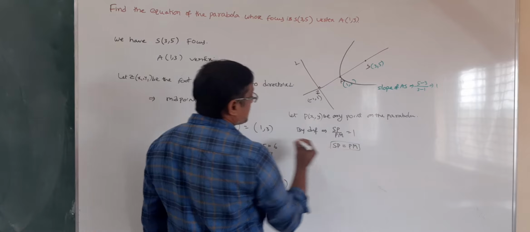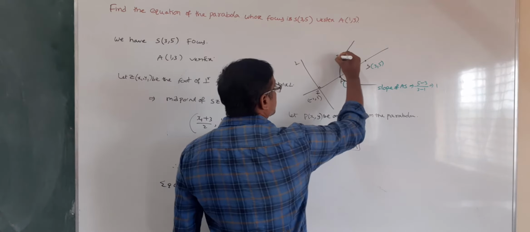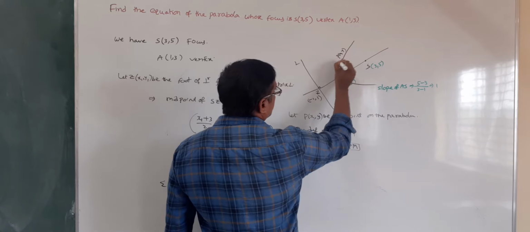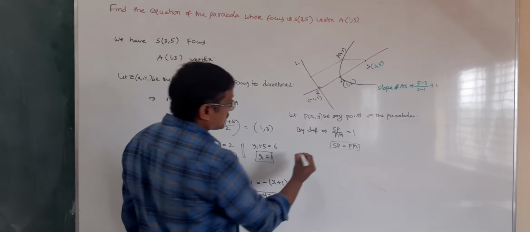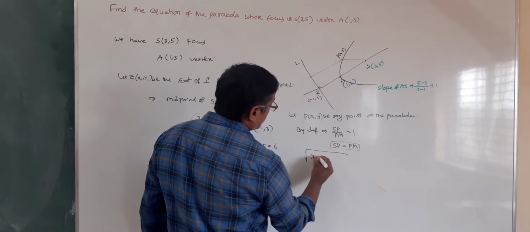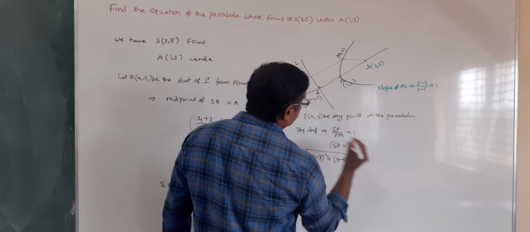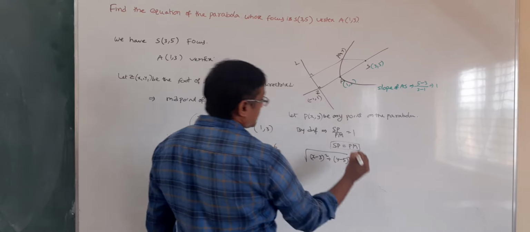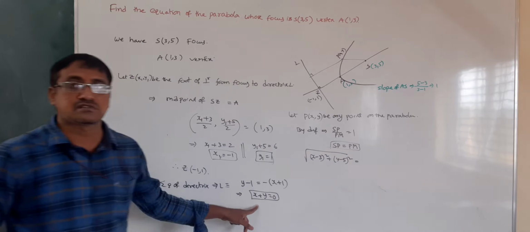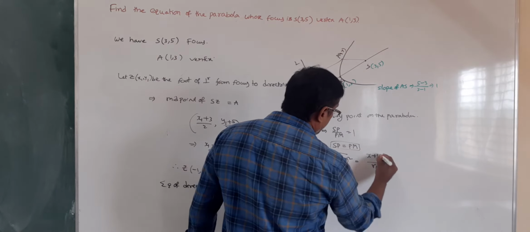Now what is SP? It is the distance between focus and the point. So P (x, y) is a point on the parabola, and the distance between focus and the point is root over (x minus 3) whole square plus (y minus 5) whole square, is equal to the distance between the point and the directrix, where the directrix is x plus y is equal to 0. So it will be (x plus y) by root 2.